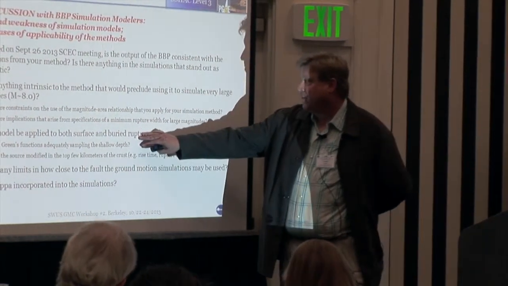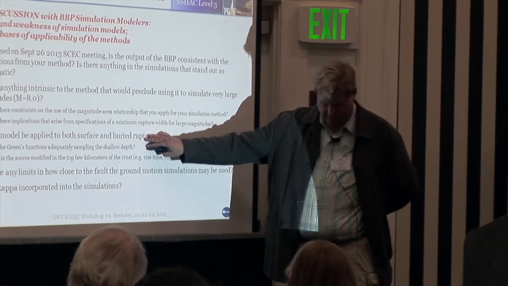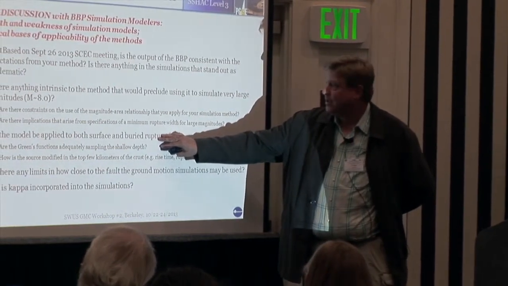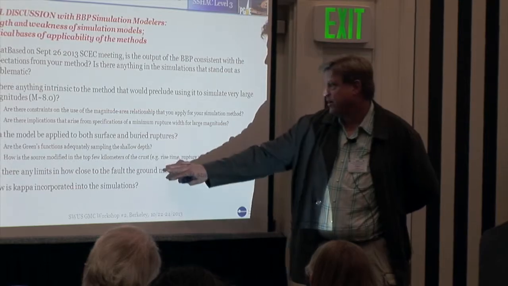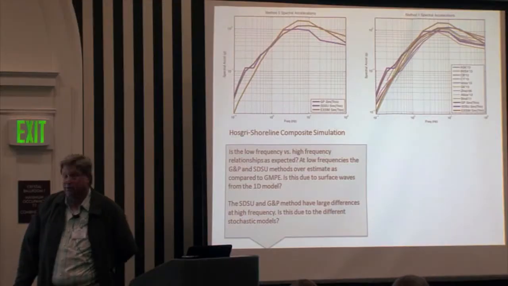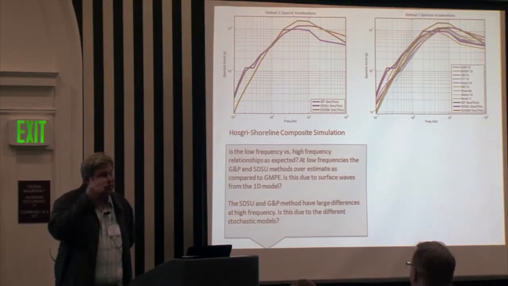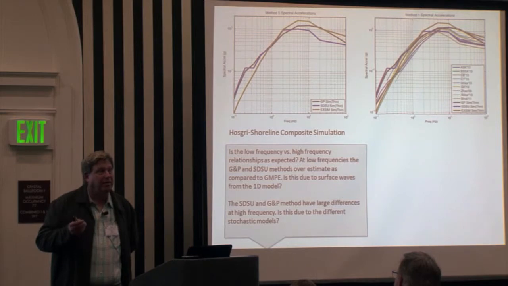Can the model be applied to both surface and buried ruptures? Are there any things to worry about there? Any limits on how close to the fault the ground motion simulations may be used? So I think what we should do now, in the interest of time, is switch to a modeler presentation.